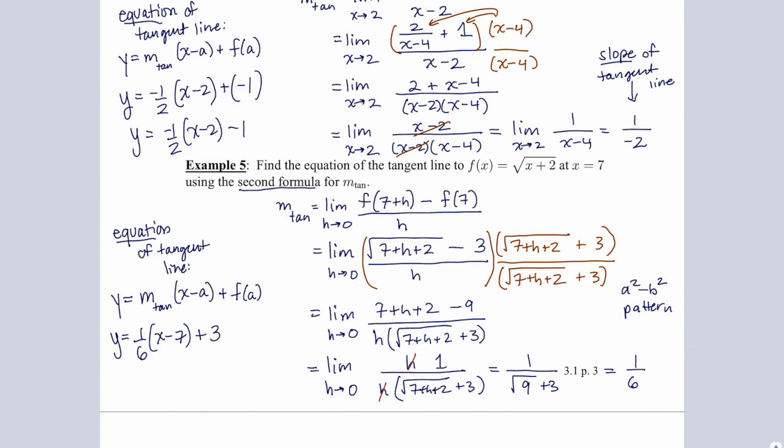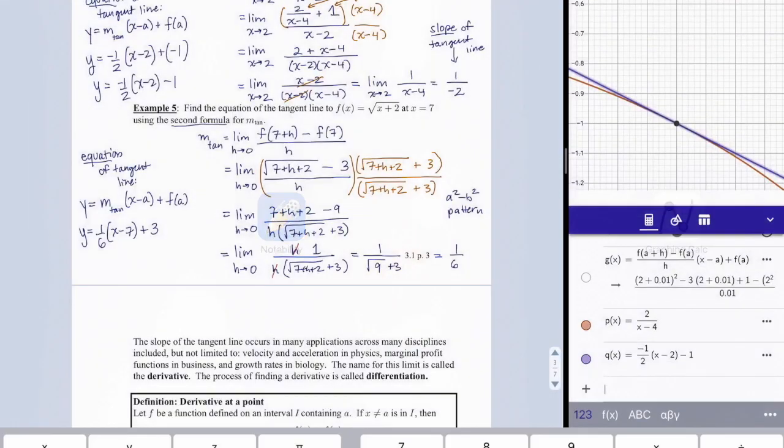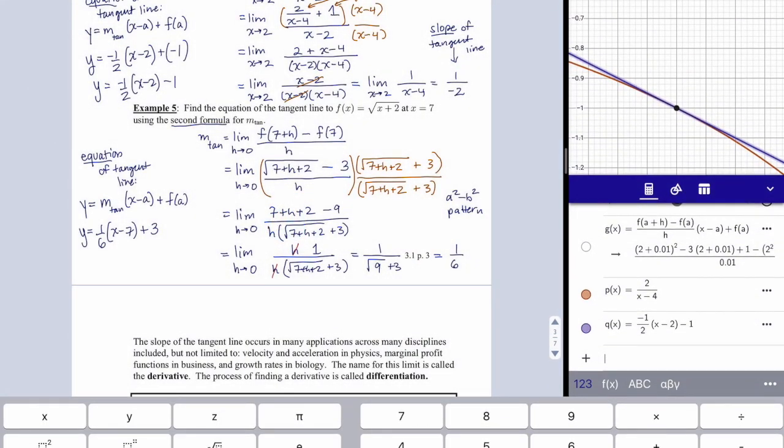And again, let's take a look at the graph and make sure it looks the way we want it to. So we had our function this time is square root of x plus 2.